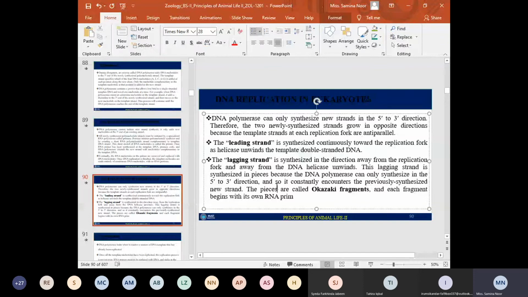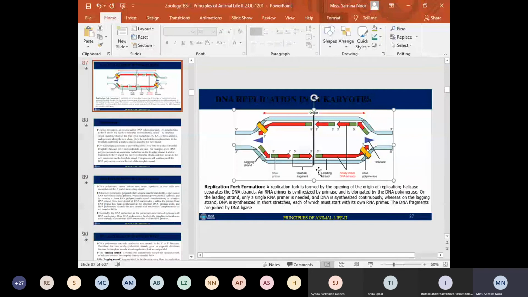So as you can see in the figure, here is a lagging strand, okay, and as you can see, the synthesis of the new strand is from 5' to 3'.